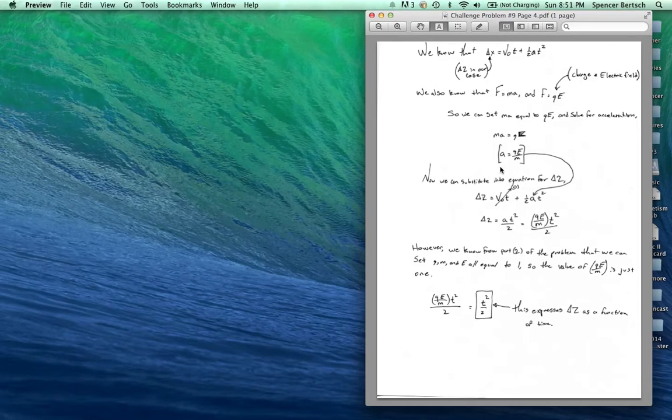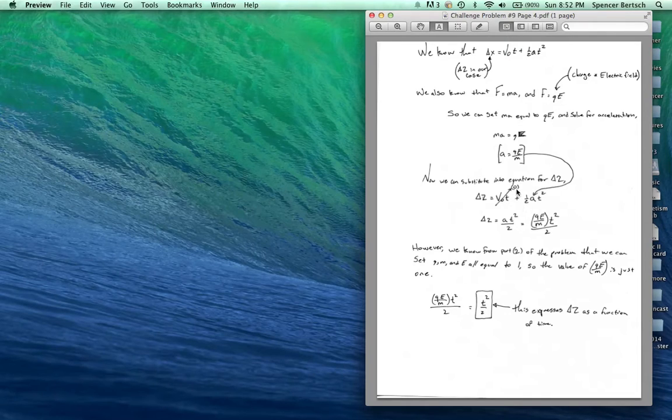So we can solve for acceleration by saying ma equals q times e, and then acceleration equals qe over m. And for the initial velocity, imagine this purely in the z direction. Even though it has a velocity in the x and y directions, if you were looking at it with z up, it would not be moving at all, because it would just be going in a totally flat circle.